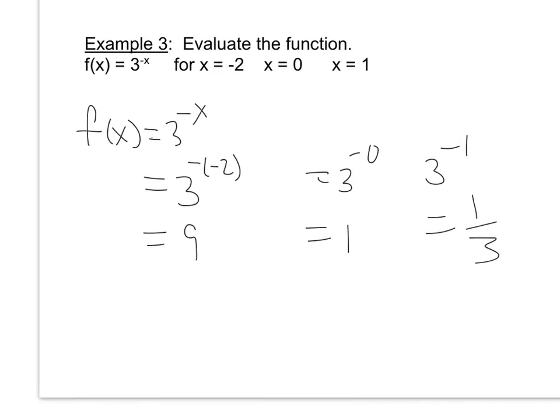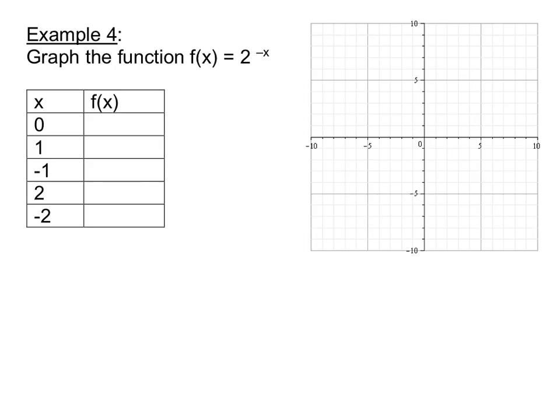Let's keep going. So this time we want to graph the function. Well, first thing we need to do, I want to talk about something actually. f of x equals a times b to the x minus h plus k. If you've had me before, you've seen this. Okay, now y equals k is always the horizontal asymptote.